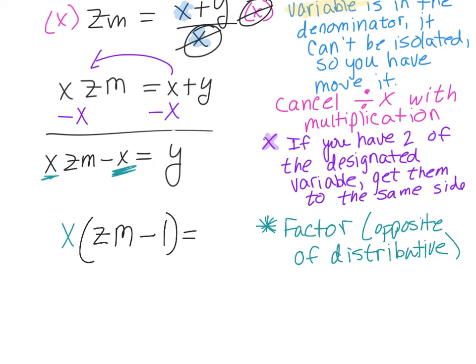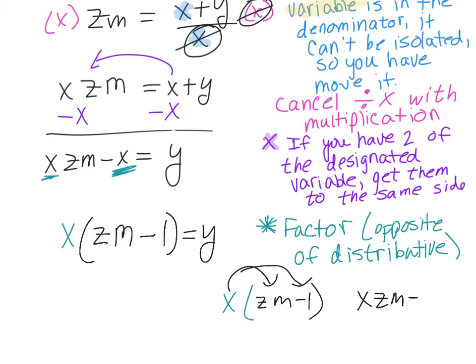And I'm going to prove to you that it really is just another way of writing the same thing. Okay, so if I go backwards, so right now I have X times ZM minus 1. If I go back and I re-multiply everything together, you get XZM minus X.